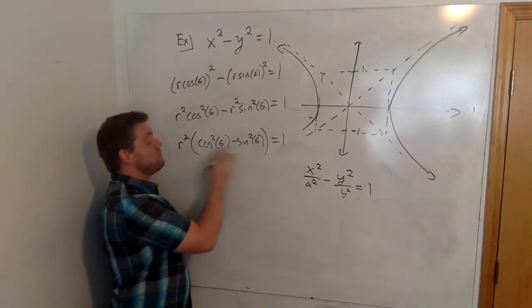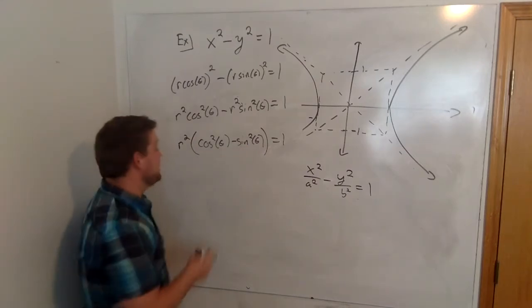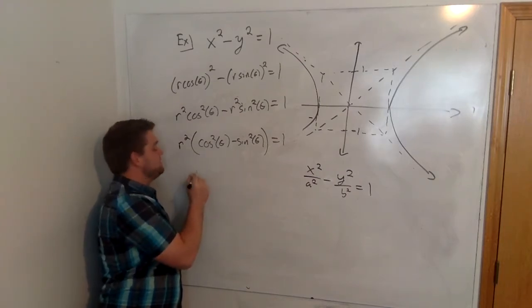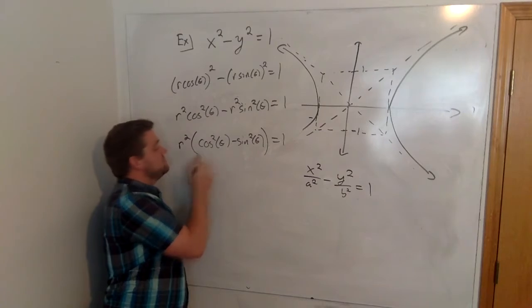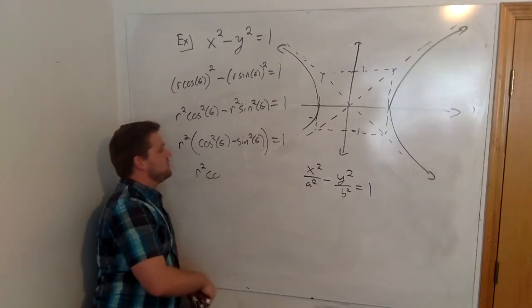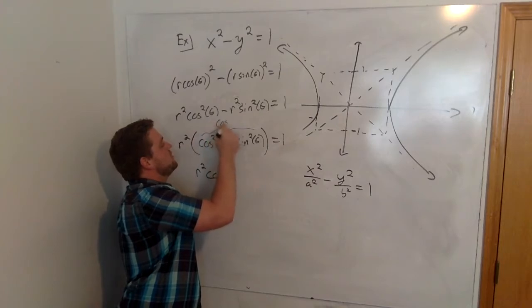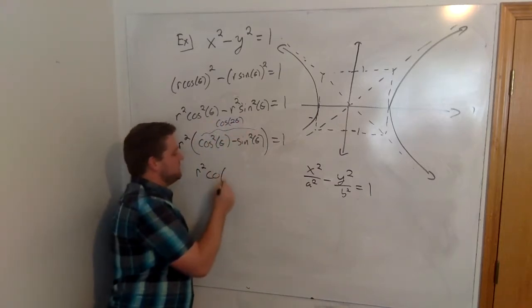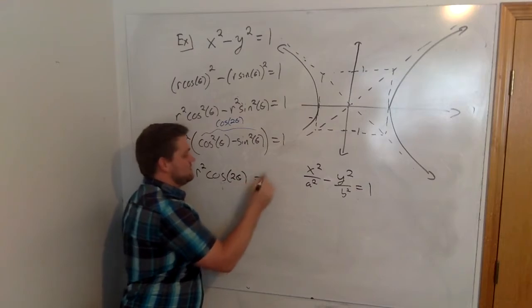But this is also another trig identity that we learned, I think, in chapter 7. This is the double angle formula for cosine. This is r squared times, this is equivalent to the cosine of 2 theta. So cosine is one of the 3 forms of it. Cosine of 2 theta is equal to 1.